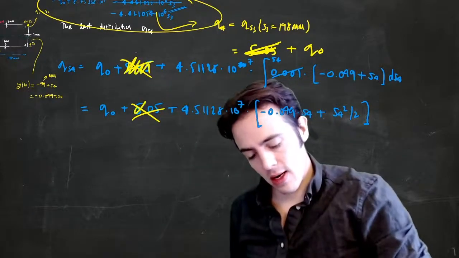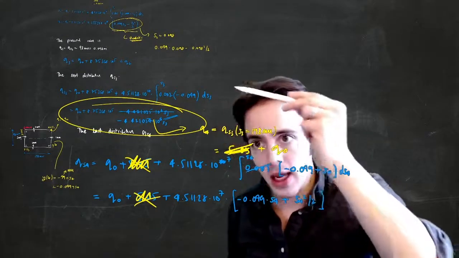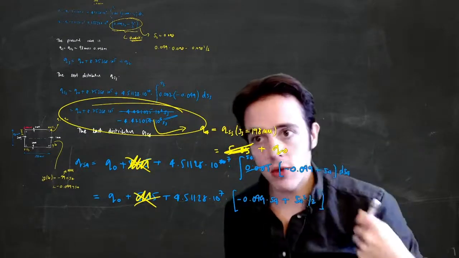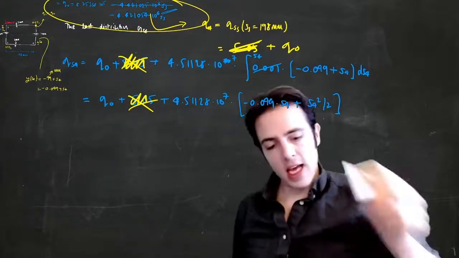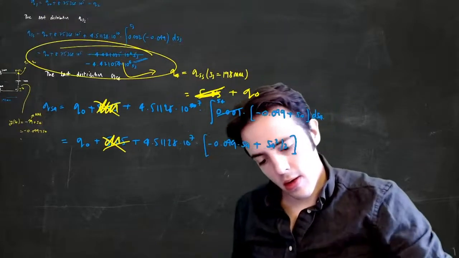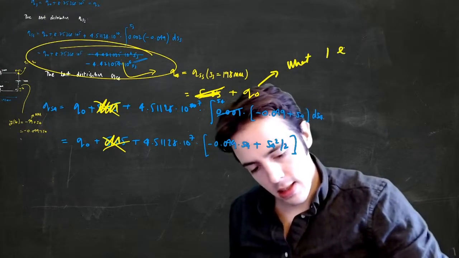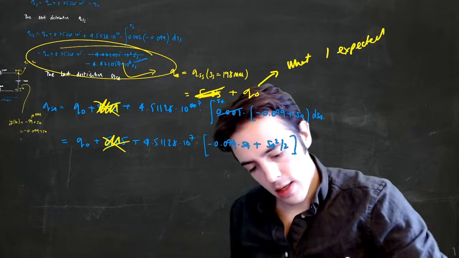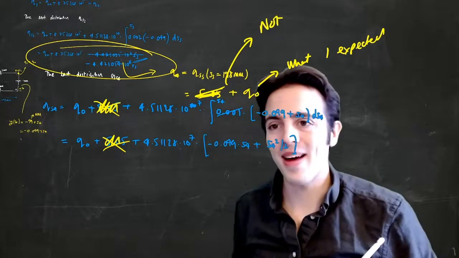That was introduced because I copied this number down from my calculator wrong, or maybe put it into my calculator incorrectly. But we've got this here now, so this is what I expected. This was not what I expected, okay?